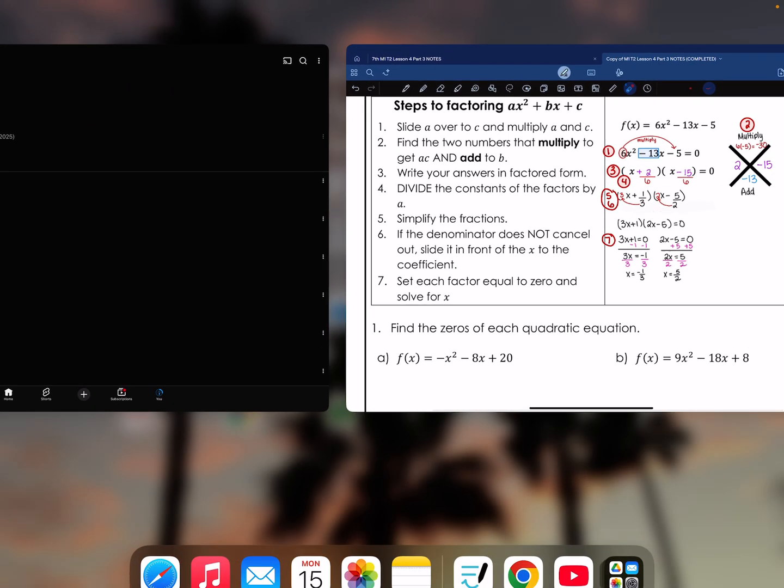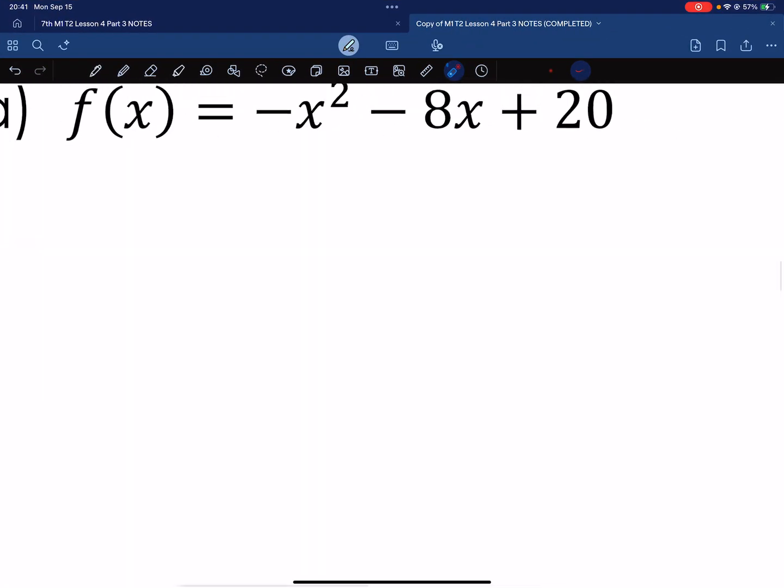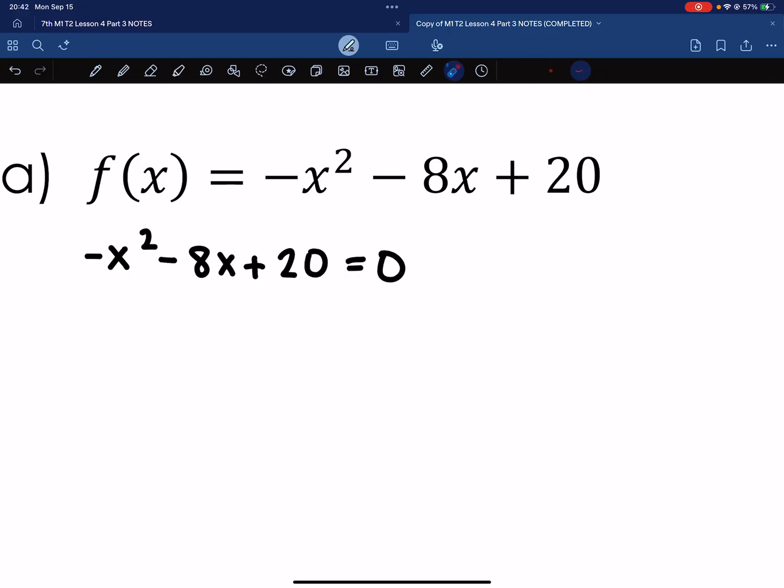So, here we go. Find the zeros of each quadratic function. First thing we're going to do is set our function equal to 0. First thing I want you to notice is that the x squared is negative, and that is a no-no. We don't like when that's negative.